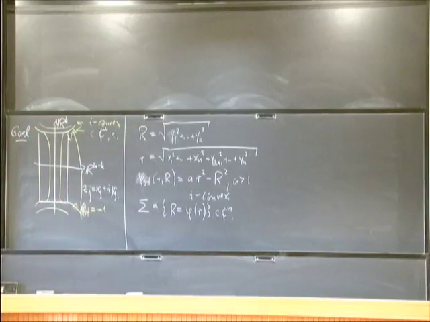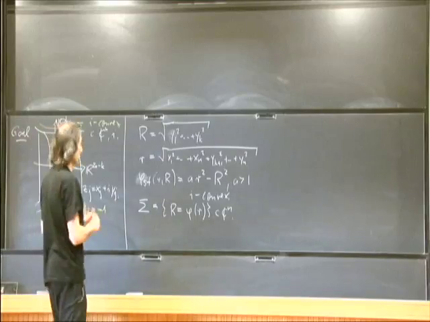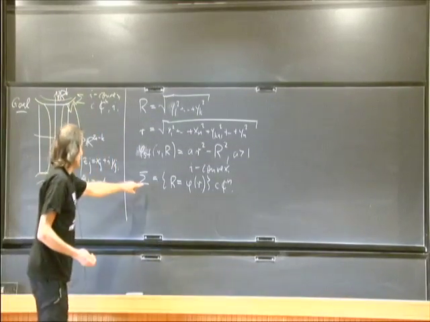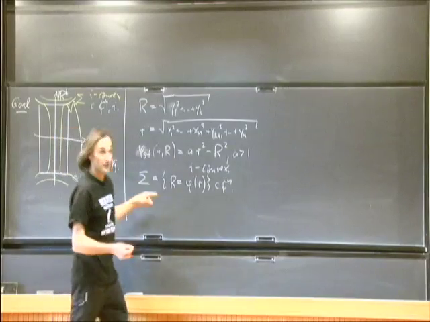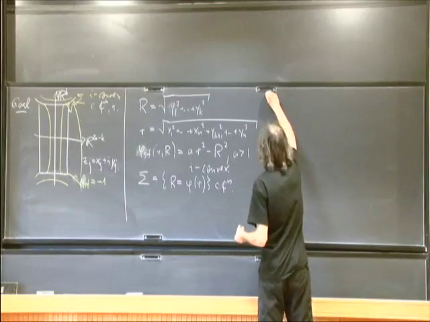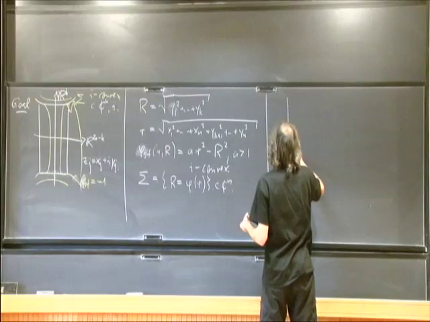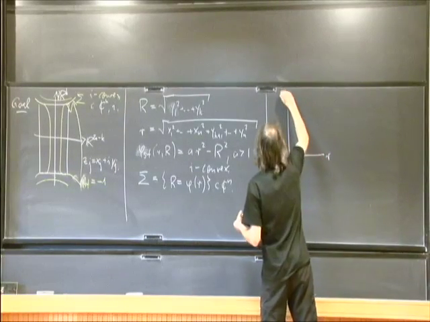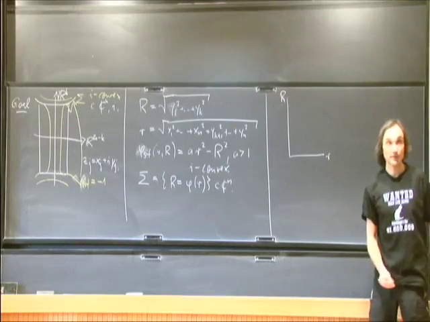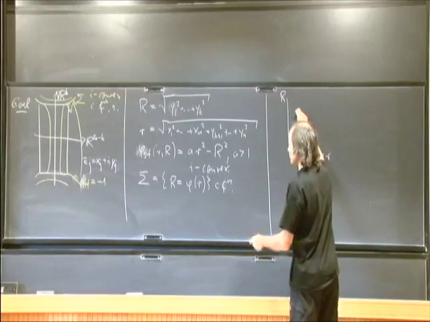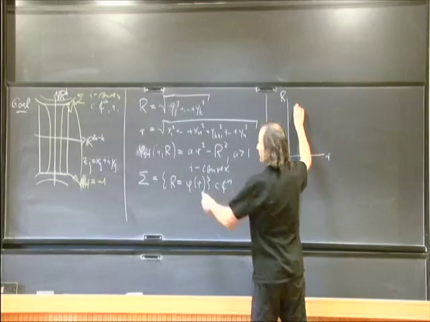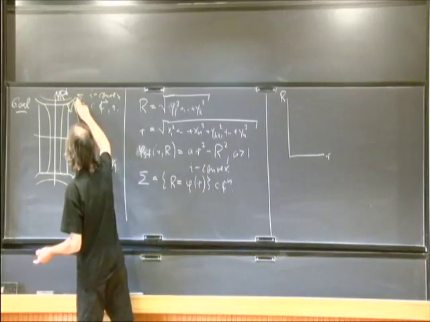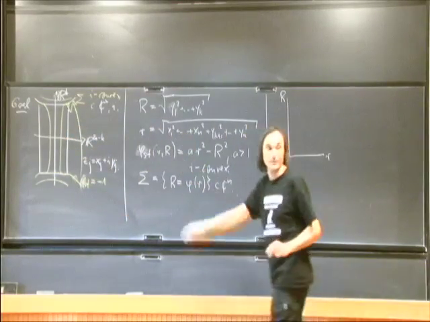Okay. So if I draw this now just in these coordinates, little r and capital R, and I want to construct a hypersurface, you need to look at this upper quadrant just.